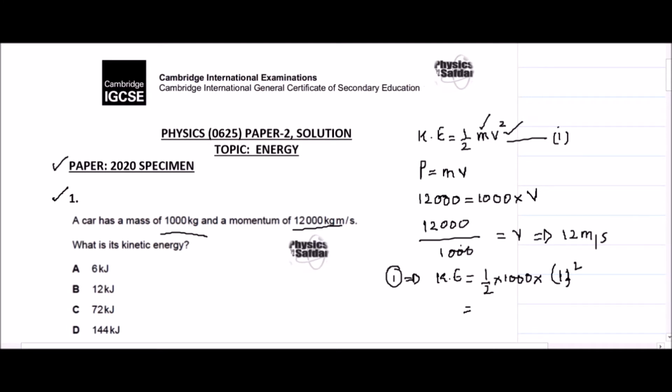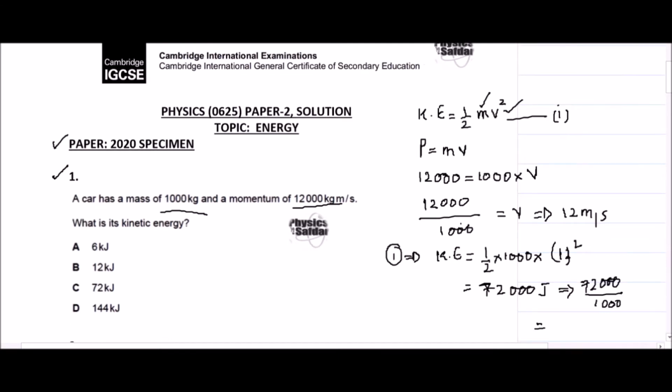We get 72,000 joules. But look at the options. In the options, the answers are given in kilojoules. So you need to change your energy from joules to kilojoules. It gives 72 kilojoules. Now check with the options. Option number C. So that is the final answer.